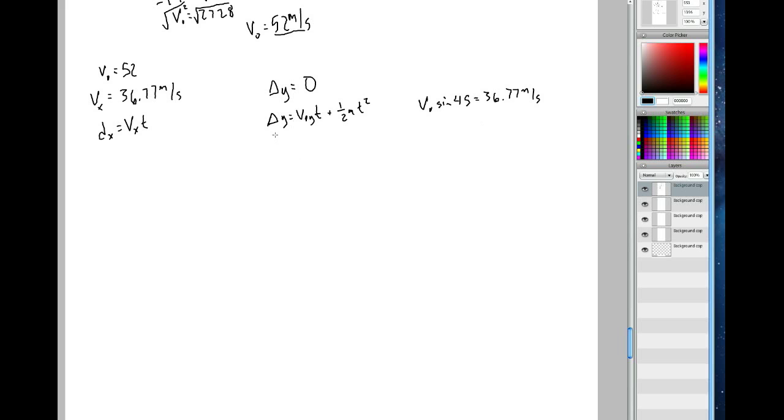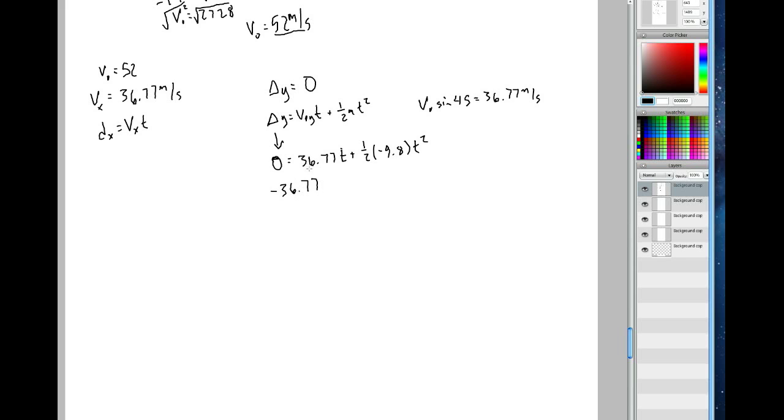So, you would plug in 0 for delta y, and plug in 36.77 for v naught y, and you're going to solve for time. This will be the total hang time of your projectile. So to solve this, we do what we always do, divide both sides by t, and I'm going to subtract 36.77 to the other side.